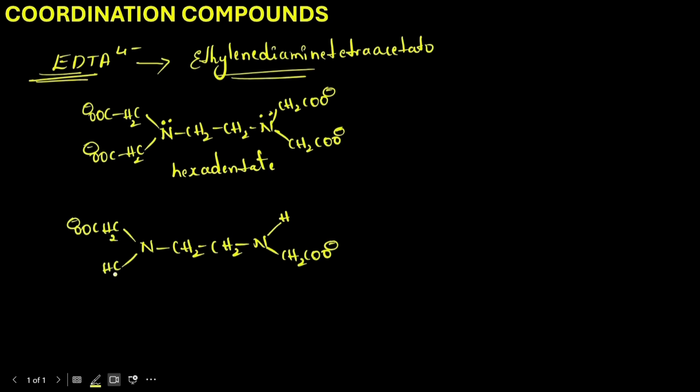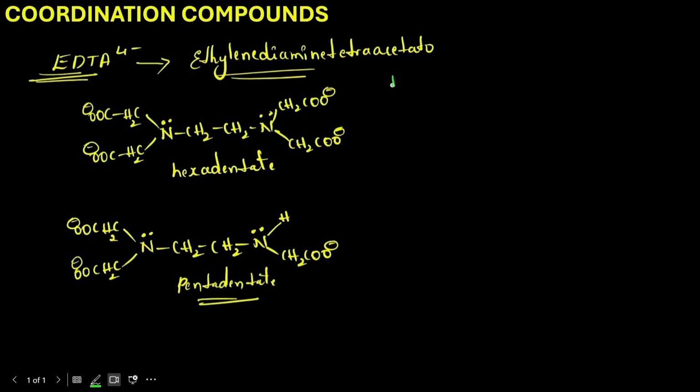Here also CH2COO minus, here also CH2COO minus. Here 3 negative charges plus 2 lone pairs of nitrogen atoms. Therefore it is an example of a pentadentate ligand, because 5 donor atoms are there.